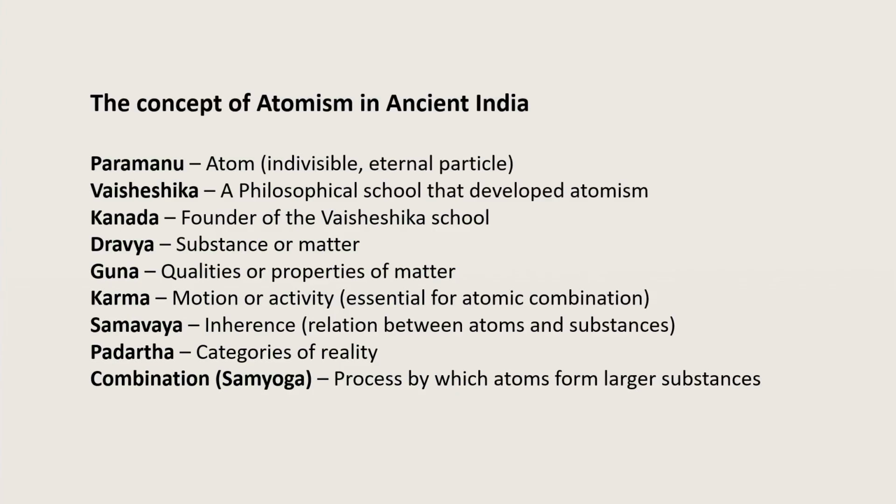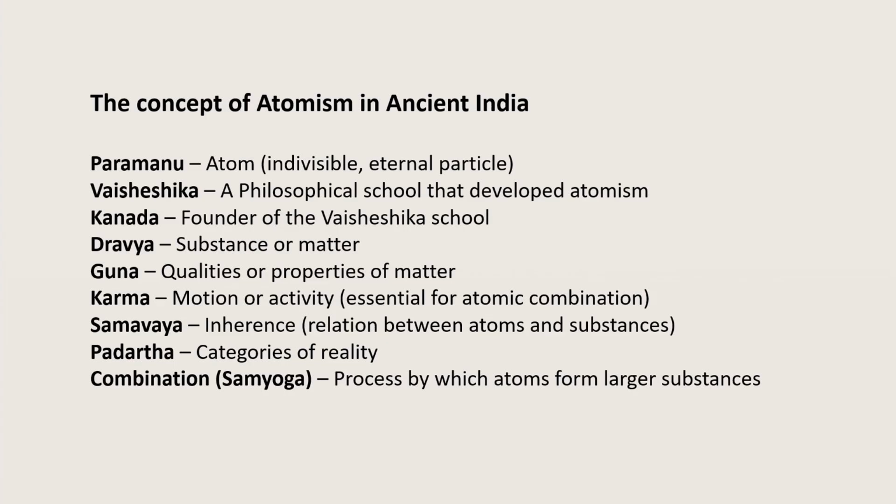But at first, before we discuss the theory of atomism, we have to understand a few words clearly. What is Parmanu? Atom, invisible, eternal particle. Vaisheshik, a philosophical school that developed atomism. Kanad, the founder of the Vaisheshik school. Dravya, substance or matter.